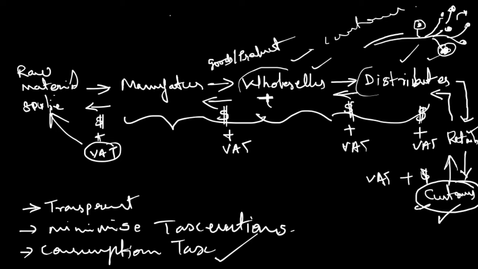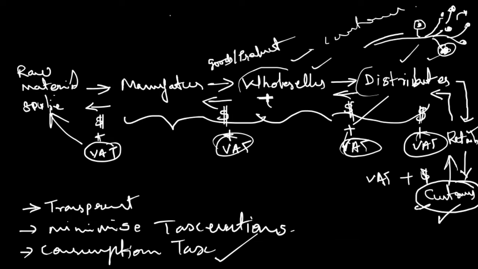So in each stage they will do that. Even the retailer will take the VAT which he has paid to the distributor from the customer. So that's why it is called the customer burden tax. So the customer will take all the burden. Every time the customer has to burn his pocket.